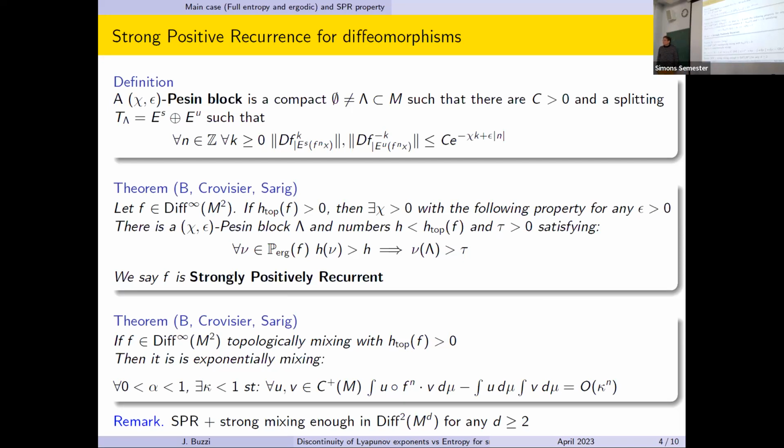Now let me compare with the condition of uniform hyperbolicity. What's the point? Uniform hyperbolicity, so Anosov, would be to say that the whole manifold is a Pesin block with epsilon smaller than pi.